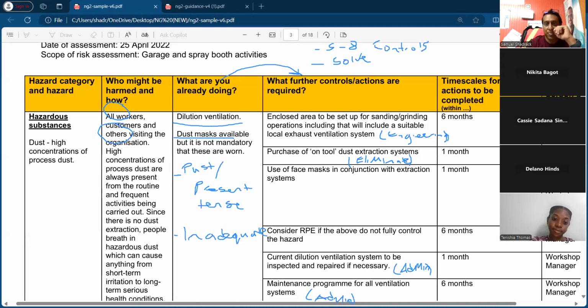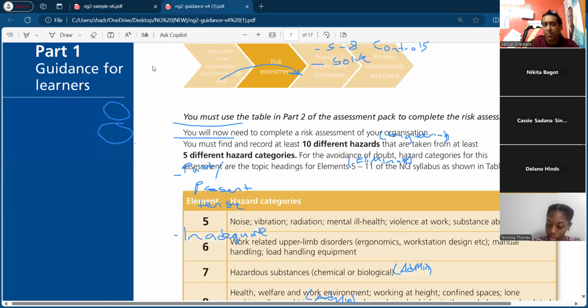Administrative control. Right? I have 2 hints to give you. When you finish writing these things and 5 to 8 controls, solve the problem, match it to the hierarchy of control. We could probably look at the guidance while you're writing. If you go to column 4, you'll see it. Column 4 actually mentions you need to put in the hierarchy.